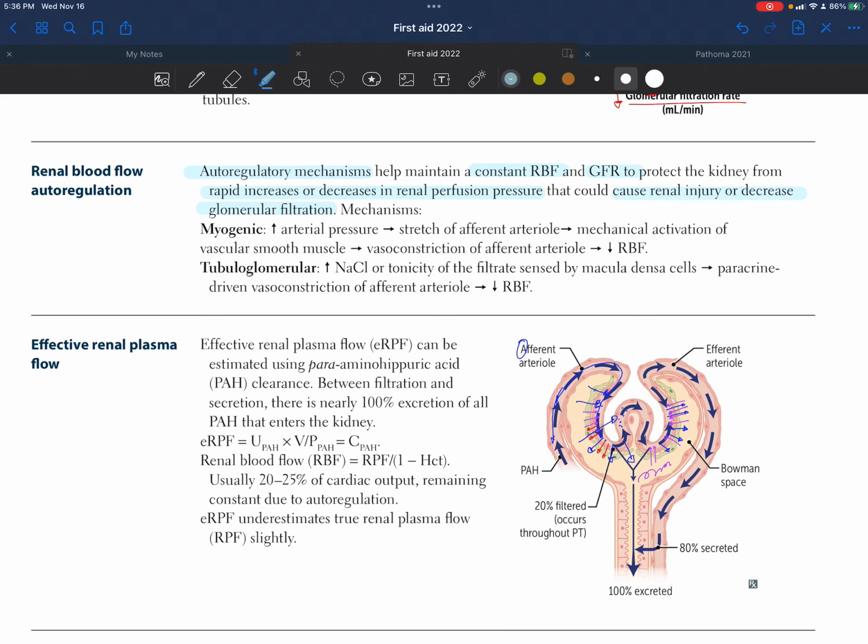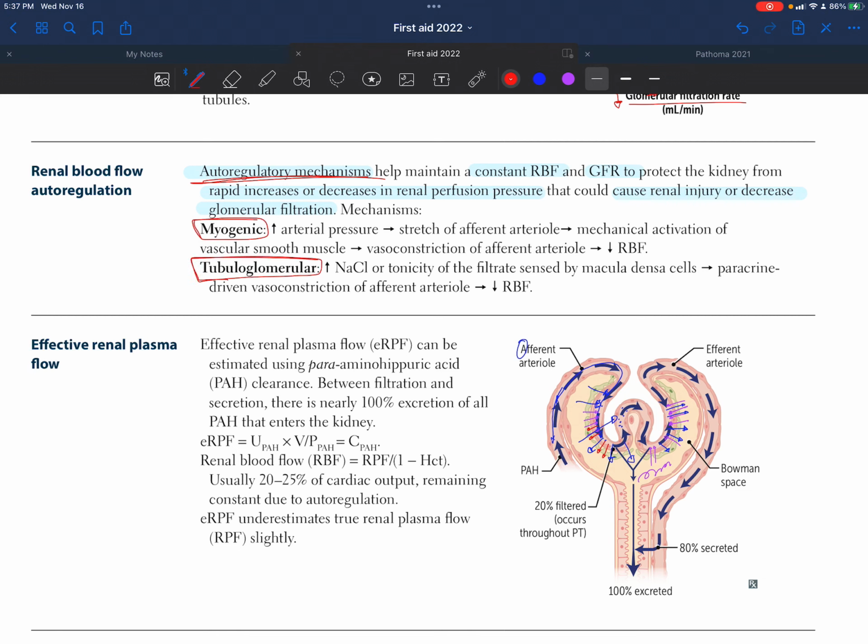So what we have is autoregulatory mechanisms, where the kidneys try to do their best on their own, regulating how much blood they get, whether the patient is having heart failure or whatever the problem. It just tries to keep things safe and fine. The mechanisms are two: myogenic, related to the muscles, and tubuloglomerular.